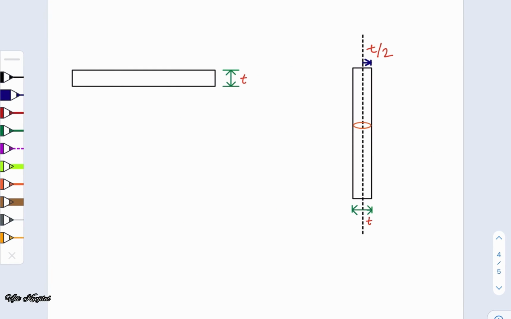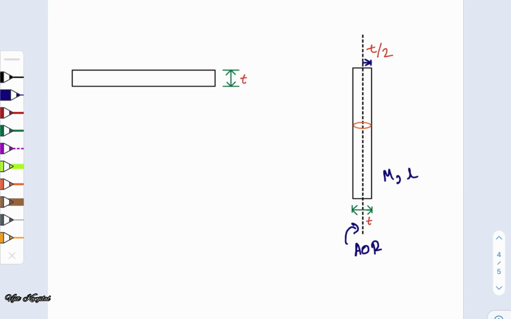Now let us try to calculate the moment of inertia of a rod with respect to an axis which is along the length of this particular rod. So we are given a rod of mass m and length l, and in this rod the axis of rotation is along the length of the rod.